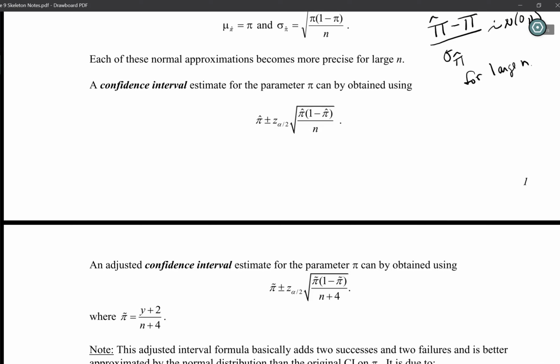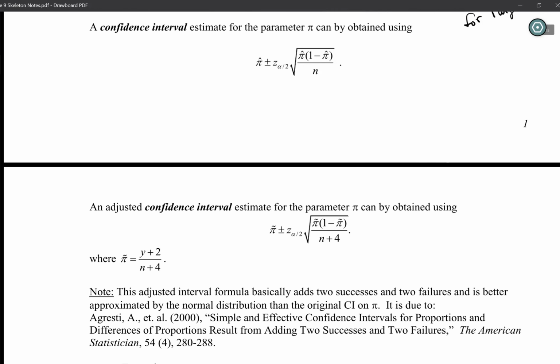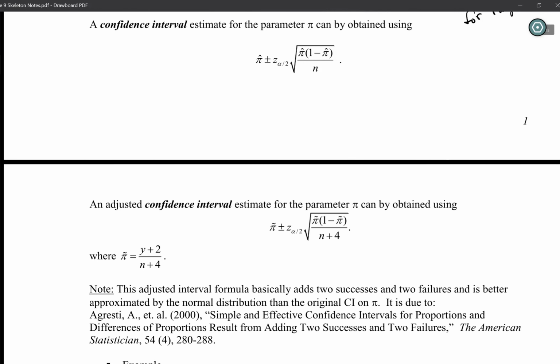Now it turns out that this interval can have what we say poor coverage properties when n is not that large. What we mean by that is that you may have a specified confidence level, and that informs what our alpha would be, but the actual confidence level is much lower. So for example, simulation studies show, and you can read about this in your textbook or elsewhere, that if we're doing a 95% confidence interval, then our z sub alpha over 2 is 1.96, and we plug that in there.